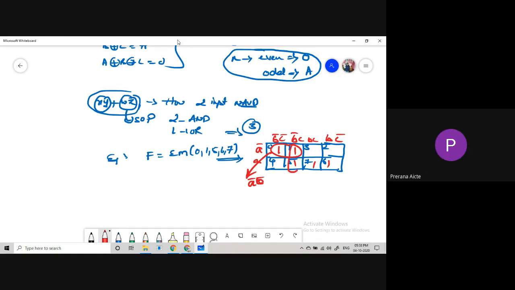For these two terms, B bar C. And for these two terms, A B. The solution is A B plus A bar B bar plus B bar C. So this question is okay. This is the reduced expression.